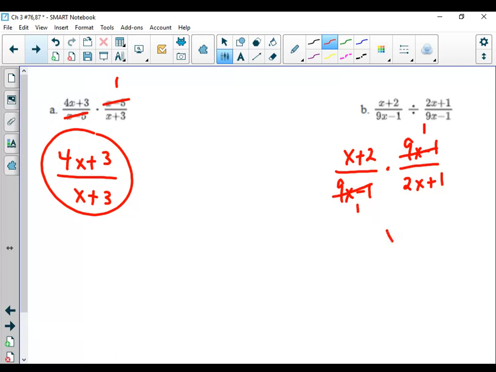And so I get x plus 2 over 2x plus 1. So not too bad in those instances. But on all these, we didn't have to worry about doing any simplifying ahead of time. In other words, they were already just binomials, just two terms either added or subtracted. We're going to see some that are a little more involved.